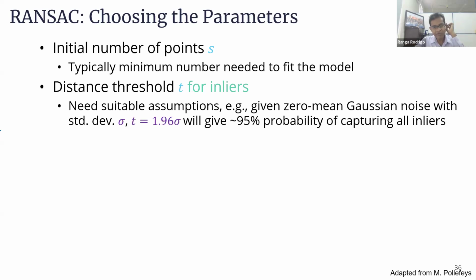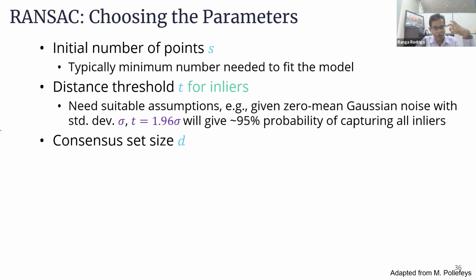For example, given zero mean Gaussian noise with standard deviation sigma, t equals 1.96 sigma will give 95% probability of capturing all inliers. So you can see this threshold, whether we take points as consensus or reject them from the consensus, has to be carefully chosen.